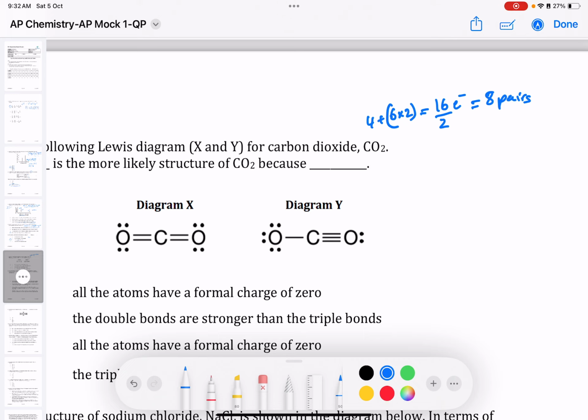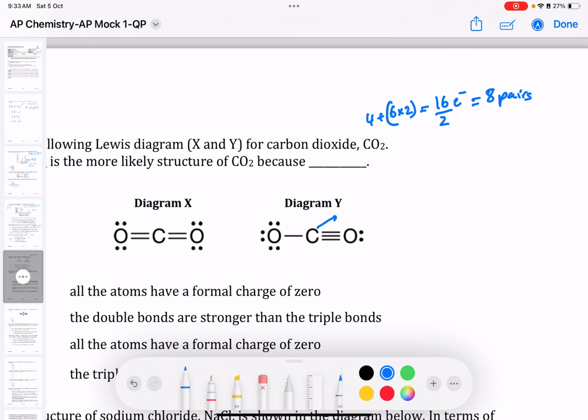The lowest possible formal charge, equal to zero, will be for the most stable molecule. So calculating the formal charge in this molecule, let's take diagram Y, starting with the formal charge of carbon.